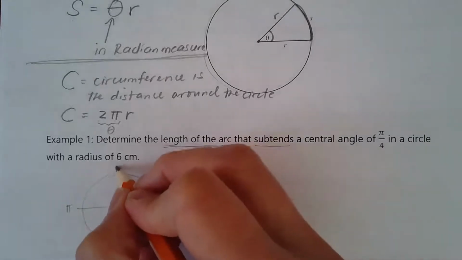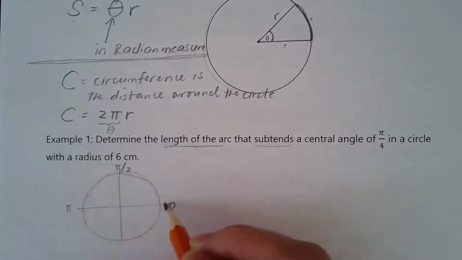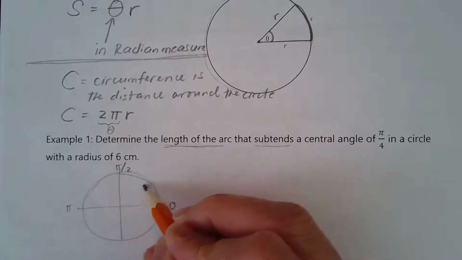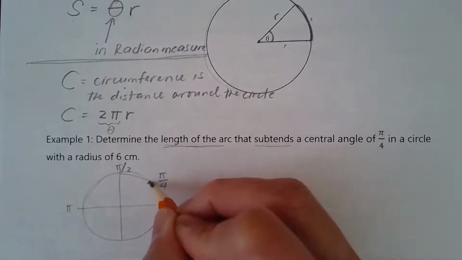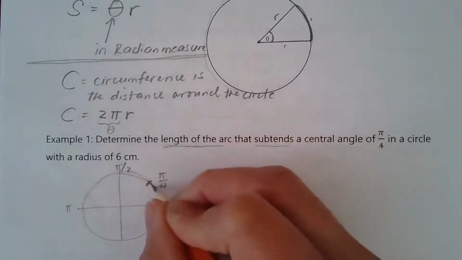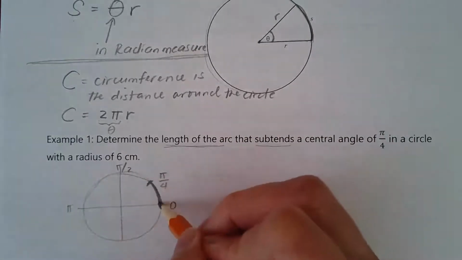This is pi halves. So from here to here is pi. Halfway is pi over 2. Pi over 4 is over here. So we're looking for how big this portion here, that arc, is.